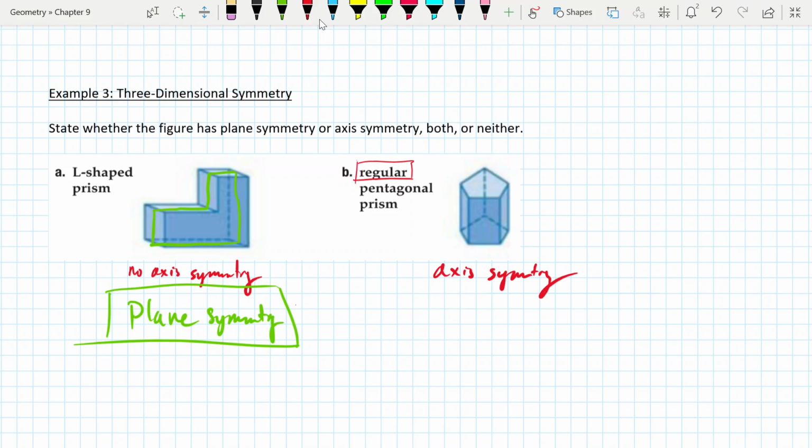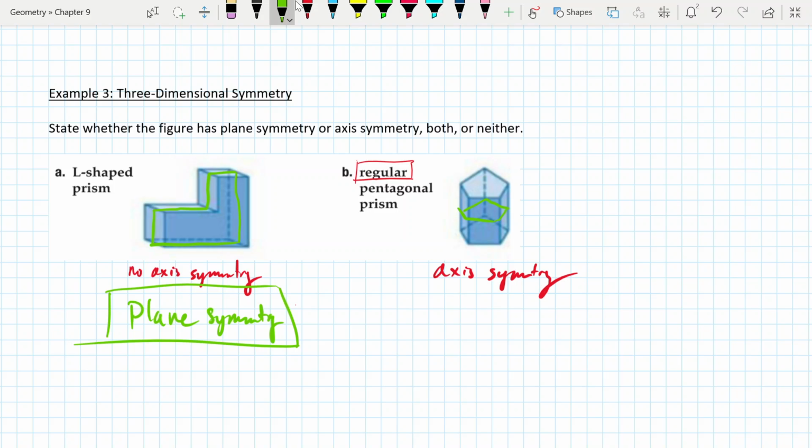Now, does it have planar symmetry? Well, imagine cutting it right down the middle. I have one whole side, two whole sides, and then half a side. One whole side, two whole sides, and half a side. So yeah, that would have planar symmetry that way. It would also have it if I cut it in the middle.